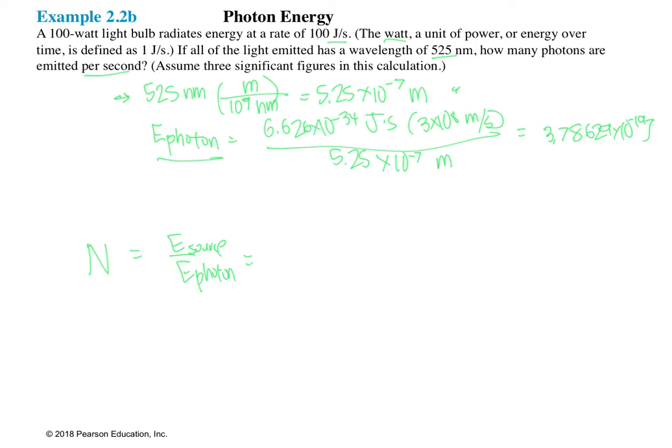Notice my energy of the source is 100 joules per second, and my energy of my photon is 3.78629 times 10 to the negative 19 joules. So when I cancel the joules out, I still have the per second in there. So I'm going to find out that I have 2.64 times 10 to the 20 photons per second.